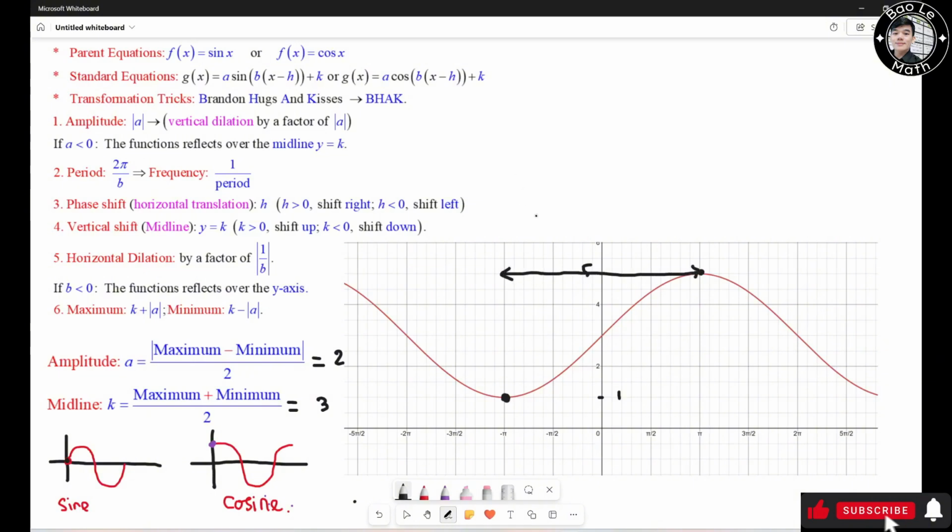So keep in mind, period divided by 2 equals the distance from here to here, which is 2 pi, right? So 2 pi.